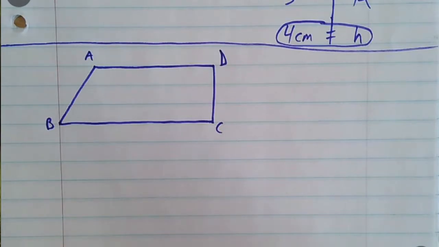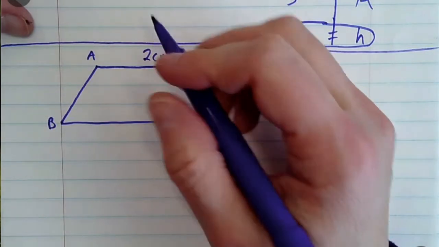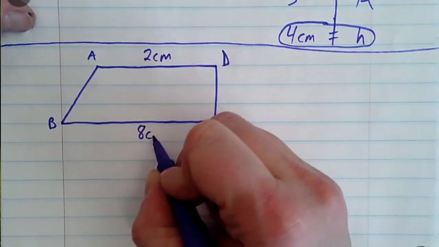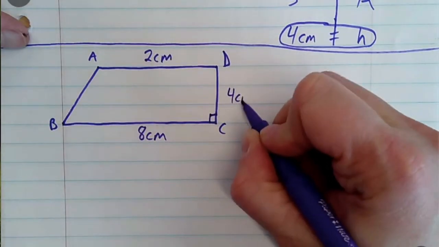We know this is 2 centimeters. We know this is 8 centimeters. We know there's a right angle here. We found out the height over here was 4 centimeters.